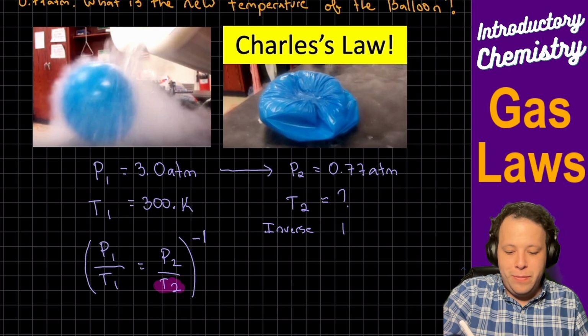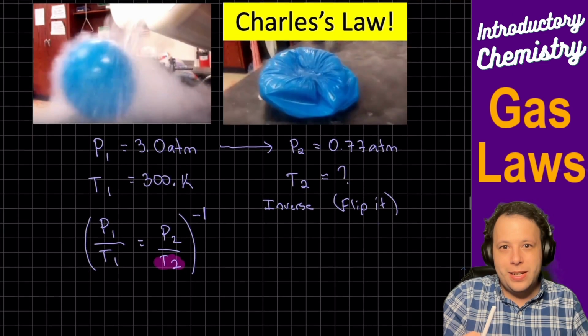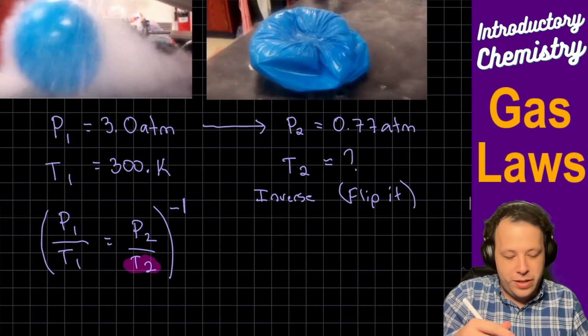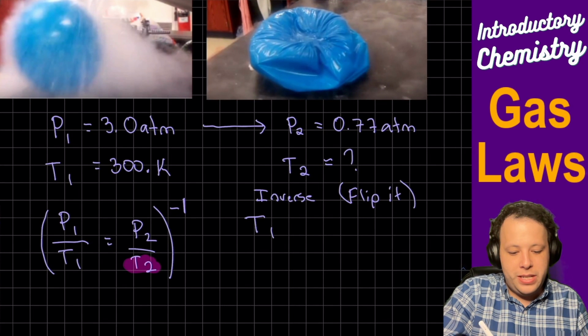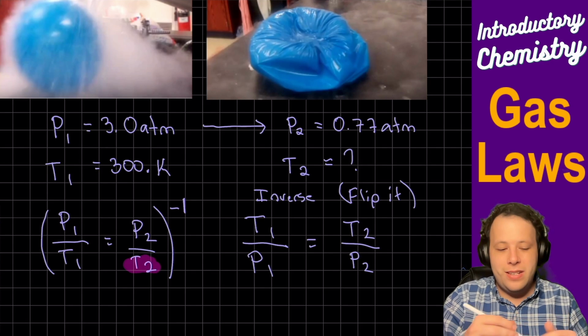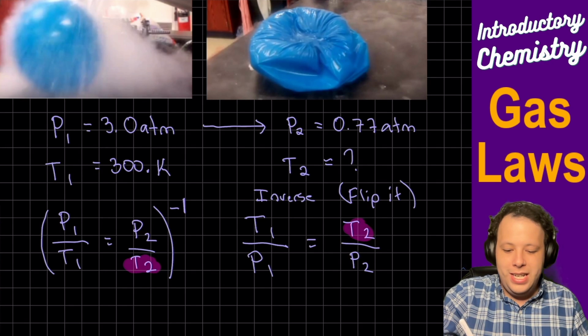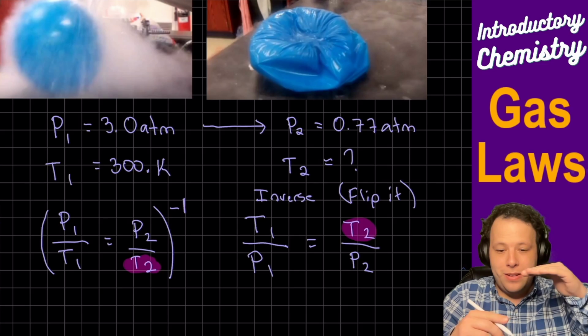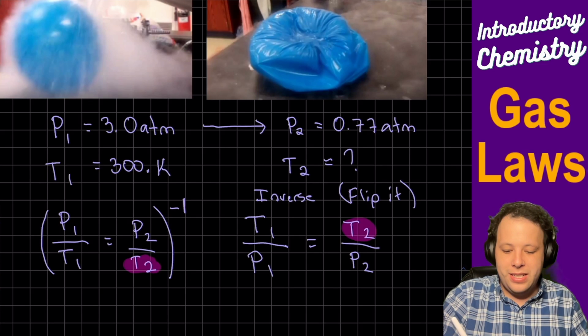So if we flip it, you're just flipping it to be T1 over P1 is equal to T2 over P2. If we do that, notice now that T2 is on the top, which makes it a little bit easier to cancel out P2.